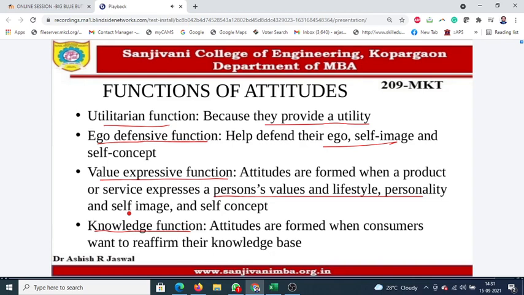And the fourth function of attitude is called as knowledge function. In this case, attitudes are formed when consumers want to reaffirm their knowledge base. Such products that structure knowledge and reaffirm it, they provide conformance, certainty and reliability.